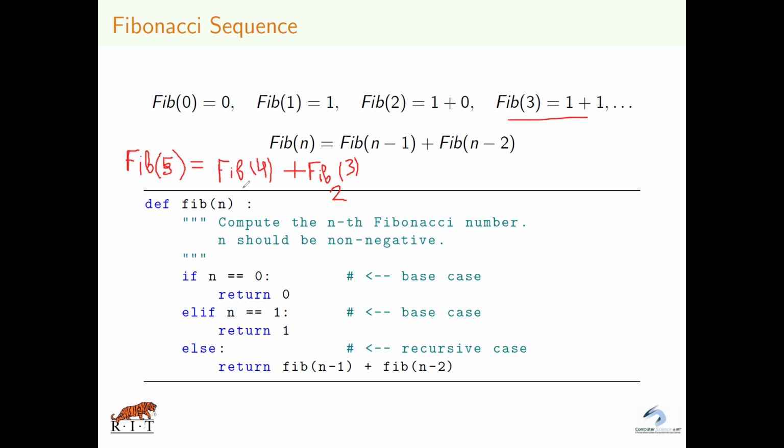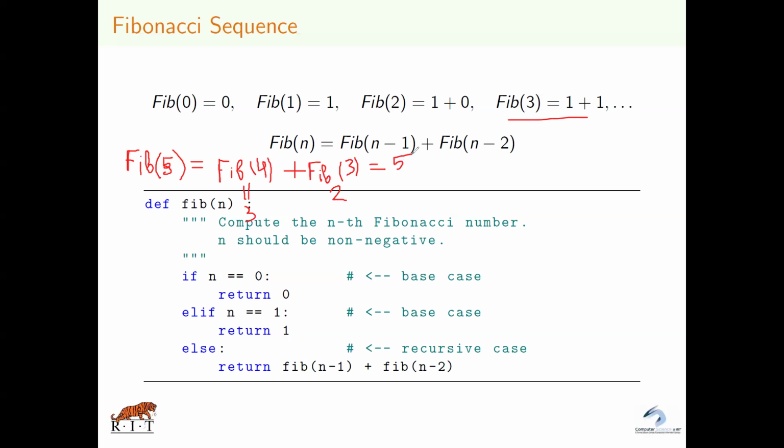Yeah, you can speak out. 3, yes, because Fibonacci of 4 is the sum of Fibonacci of 3 and Fibonacci of 2. So 2 plus 1, it will be 3. So what will be the value of Fibonacci of 5? It will be 5. What will be the value of Fibonacci of 6? 8.